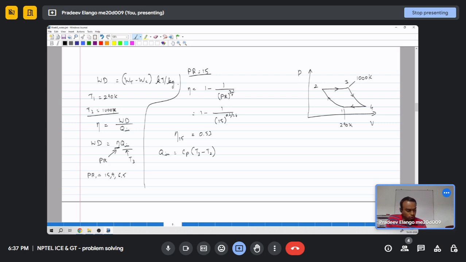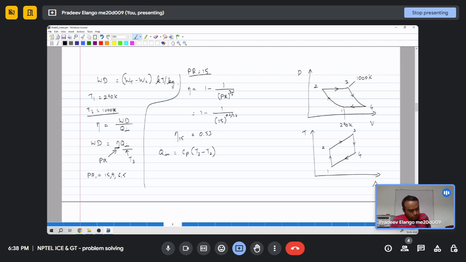Okay, so now if you draw in a TS diagram, first there will be isentropic compression, then constant pressure heat addition, then isentropic expansion, and then heat rejection.